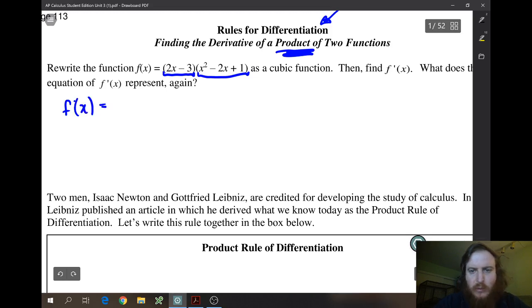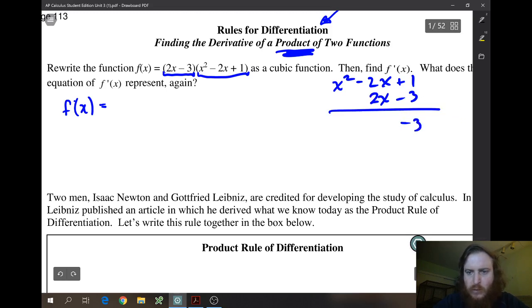And so, off on the side, x squared minus 2x plus 1 times 2x minus 3, we would need to expand it. And then line up 2x times 1 is 2x, lined up underneath the x. Negative 4x squared would line up, and then positive 2x cubed.